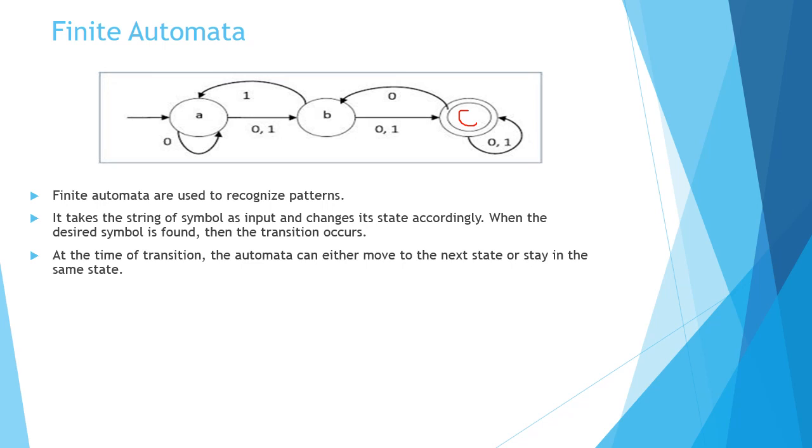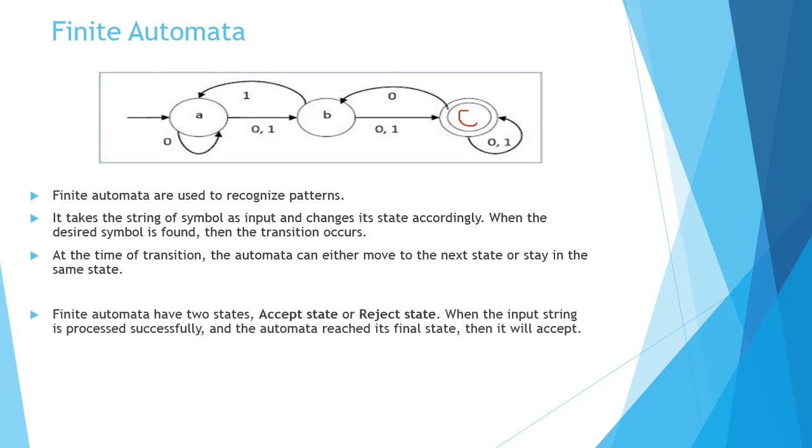Whenever we give an input and our finite automata remains in the same state, a transition occurs, but this transition is within the state. So this transition is also called a self transition. The automata can either move to the next state or remain in the same state.